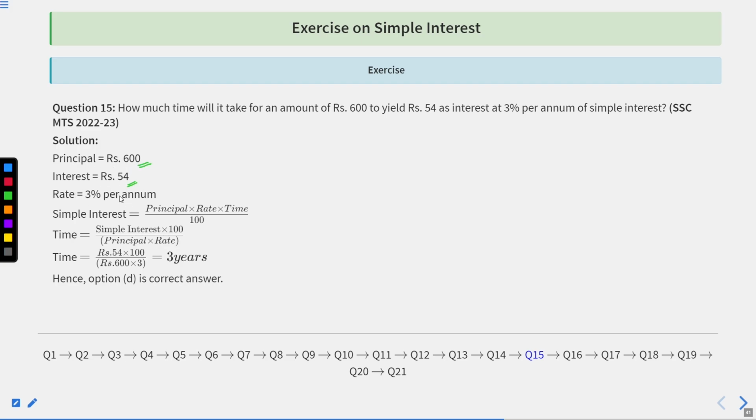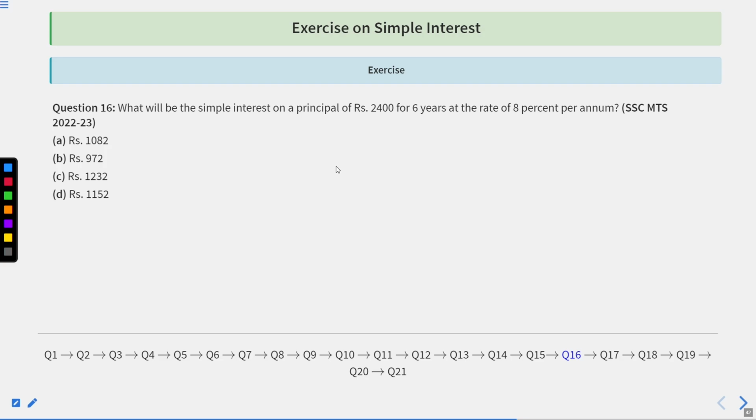The rate of interest is 3% per annum. Now we know simple interest equals principal into rate into time upon 100. So time is equal to simple interest into 100 upon principal into rate. So time will be equal to 54 into 100 upon 600 into 3, that is 3 years. So the correct option here is option D.